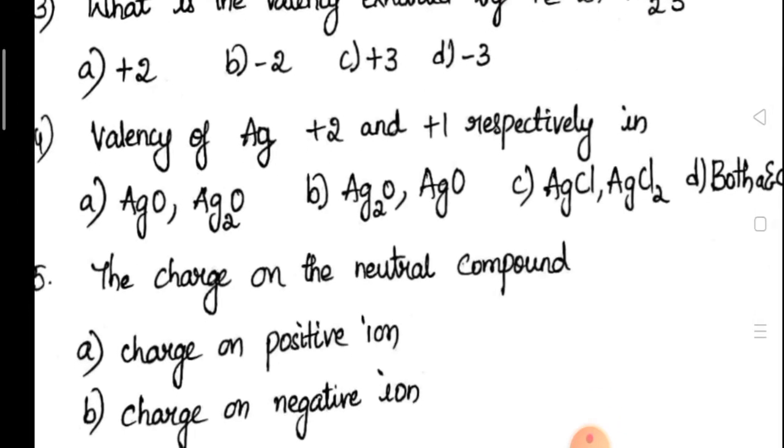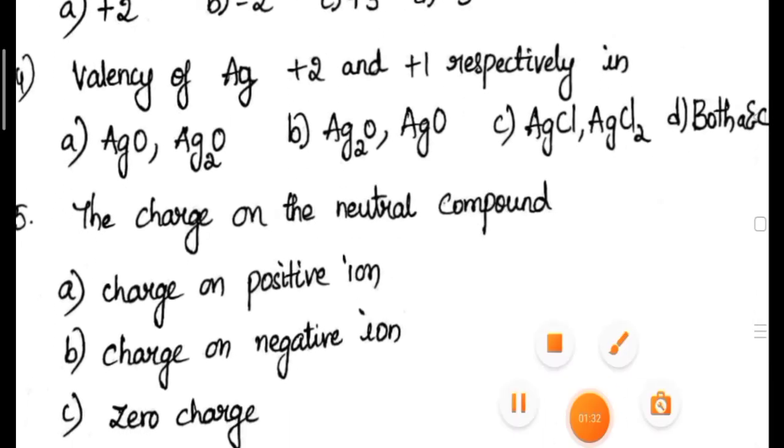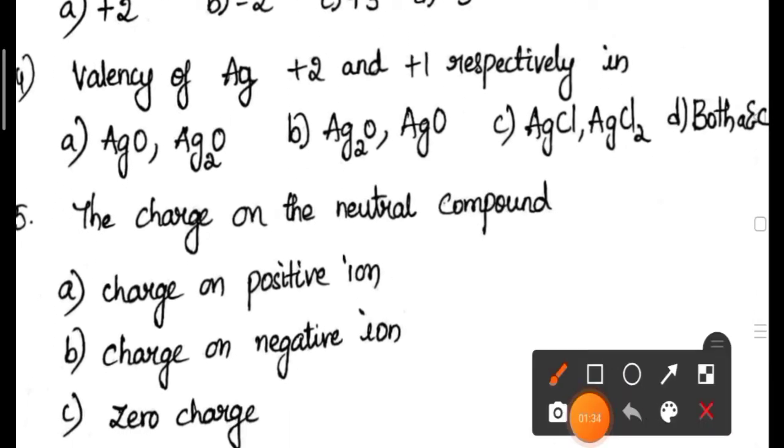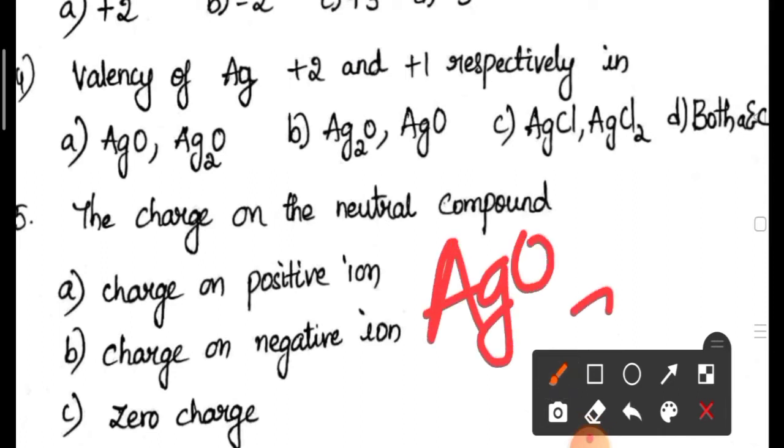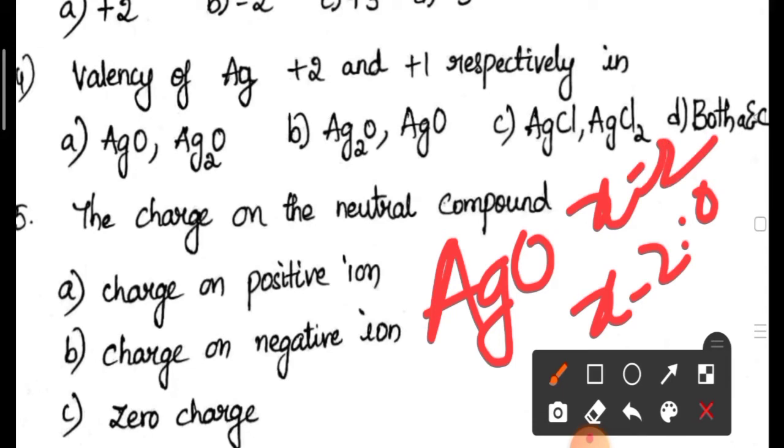Okay. Fourth one, valency of silver, plus 2 and plus 1. We have to check it out. In the first example, you can observe AgO. That means x minus 2 equal to 0. That means x equal to 2, that is plus 2.